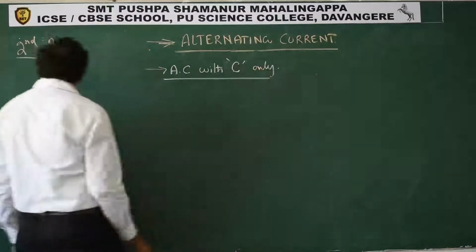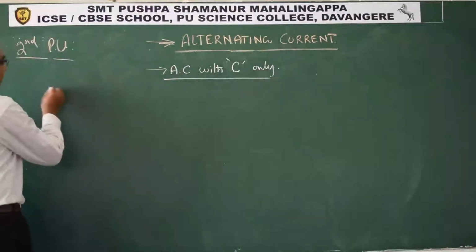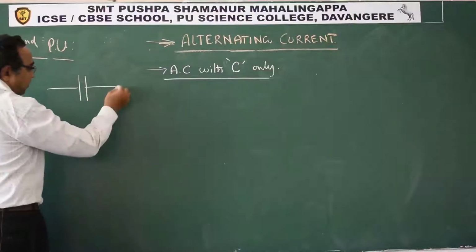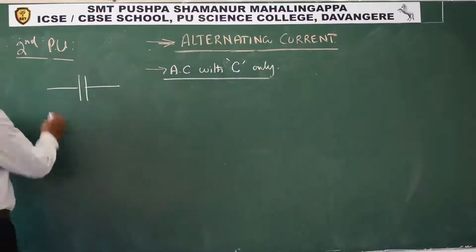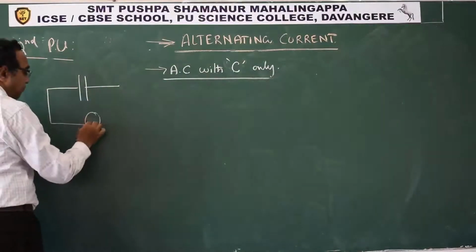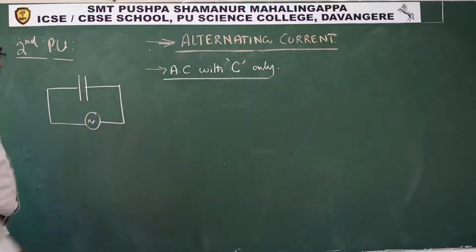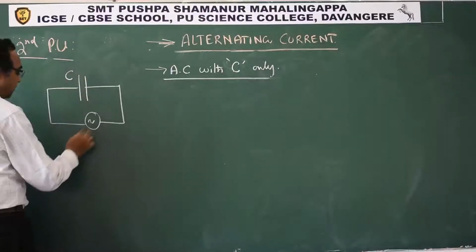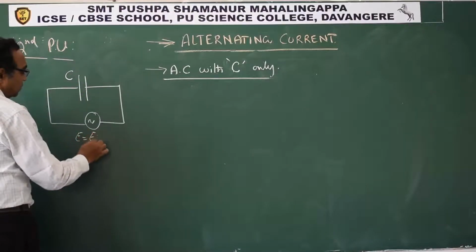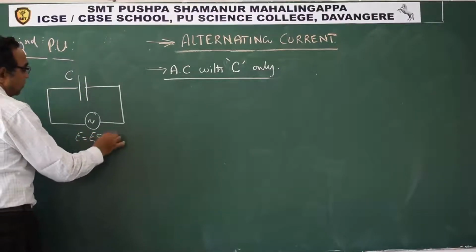AC with C only. How will the circuit look? We have a capacitor, a parallel plate capacitor, and we have an AC source. This is what an AC source is. So this is C, and E is E naught sine of omega t.